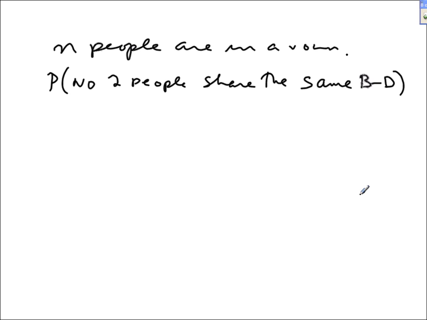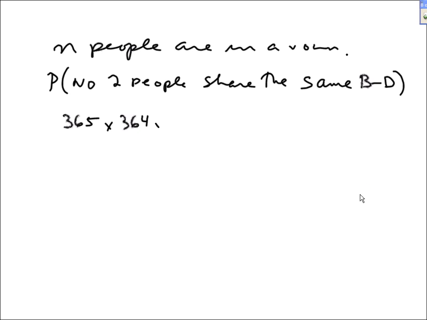Well, the first person can have 1 out of 365 birthdays. The second person can have 364 birthdays. Their birthday can be on one of the remaining 364 days.